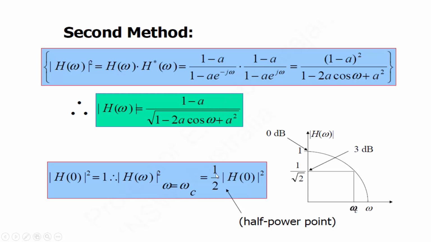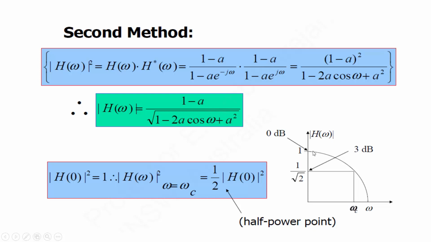In terms of power, this point is known as the half power point, which means the power will be half. So the DC gain squared becomes half, and this is our magnitude response square for omega equal to omega c. The frequency corresponding to this point, 1 over root 2 of the gain, is known as the cutoff frequency.